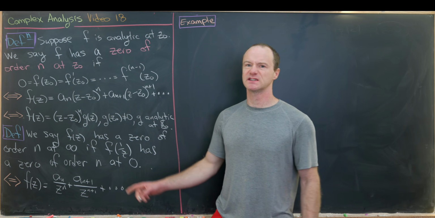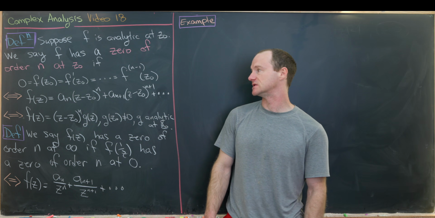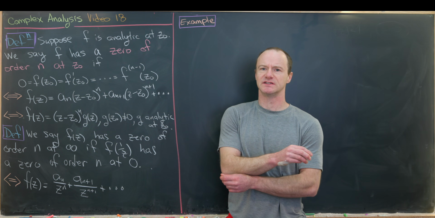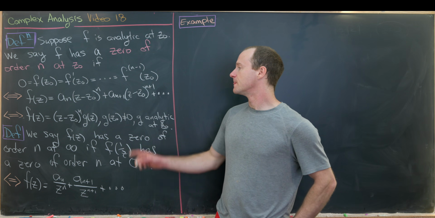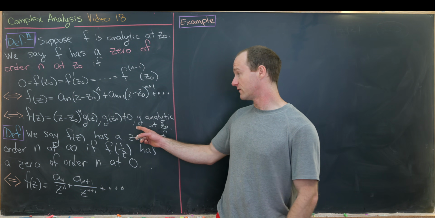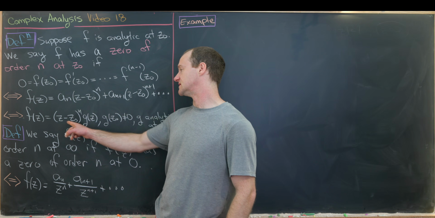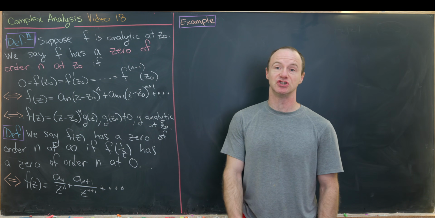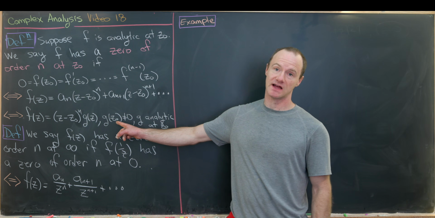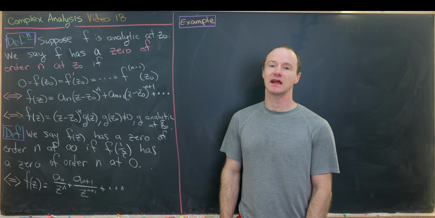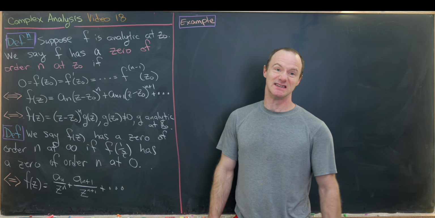And I didn't write this, but the undercurrent here is that a sub n is not equal to 0, because then we would have a zero of greater order than n. But notice that that is equivalent to f of z being able to be written as (z minus z naught) to the n times g of z, where g does not have a zero at z naught, and it's analytic at z naught. So we'll use each of these as needed.